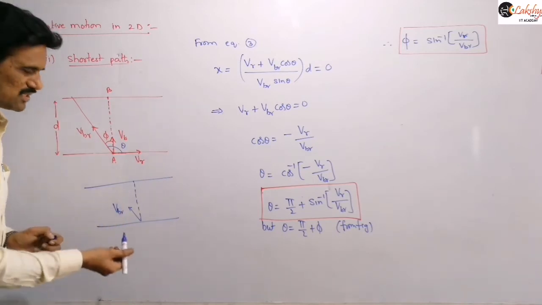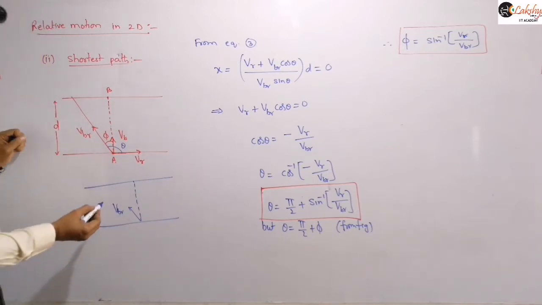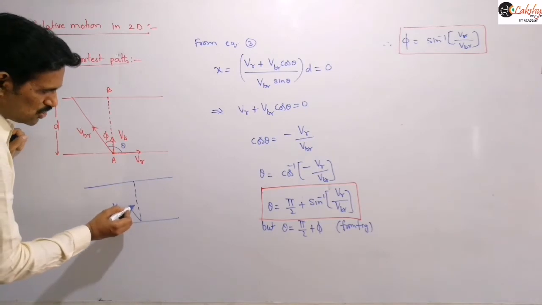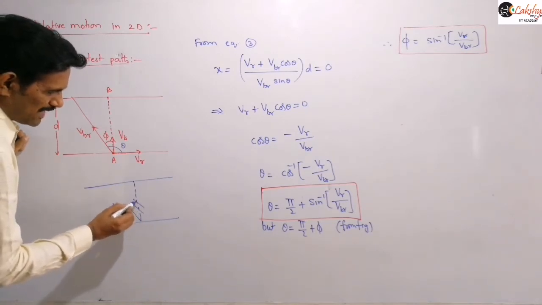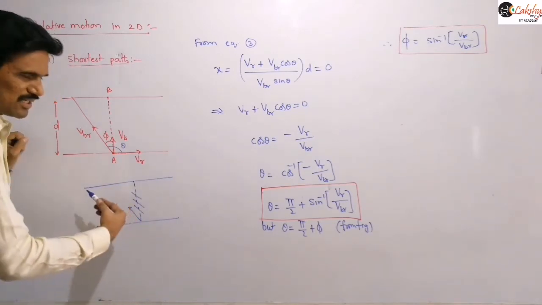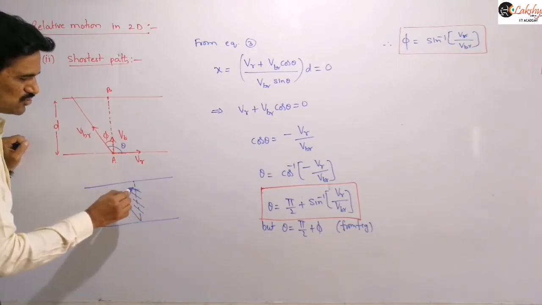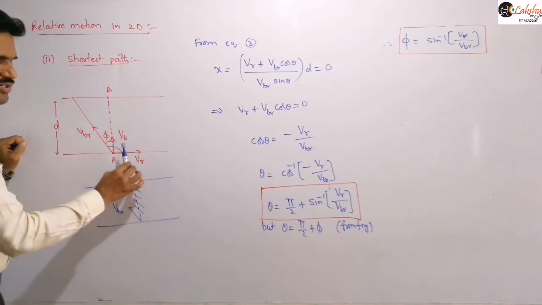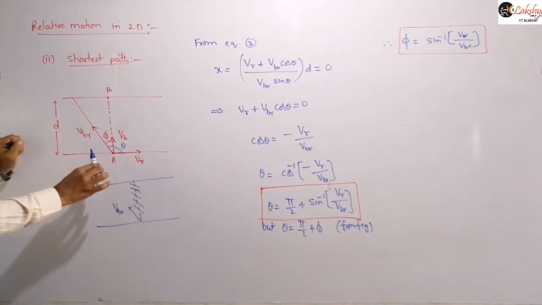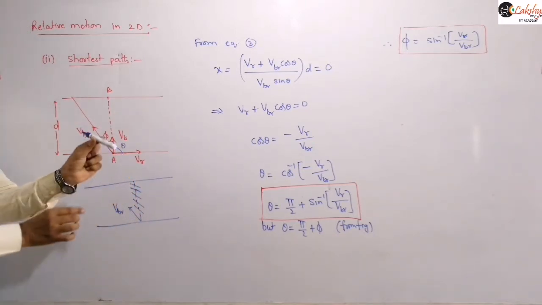So the orientation of the boat, or the heading of the boat as I said previously, will remain in this direction only, but it will travel along this direction here. Got it? The heading of the boat is inclined like this.